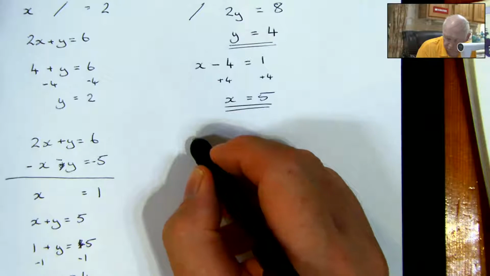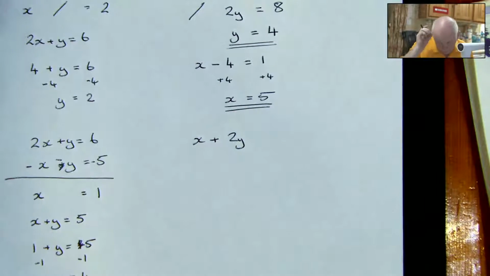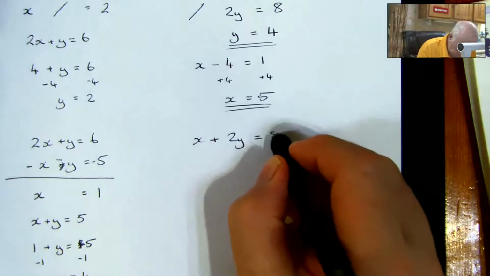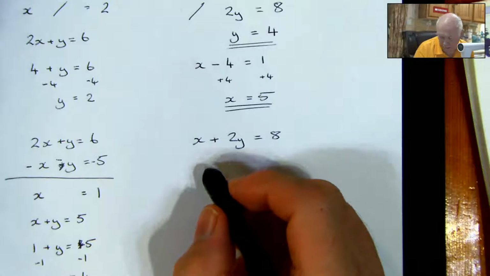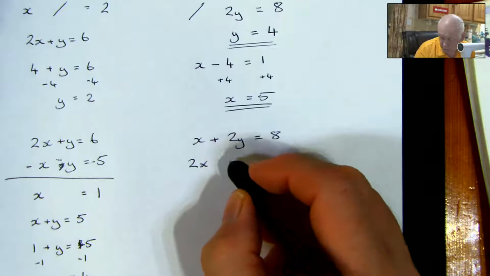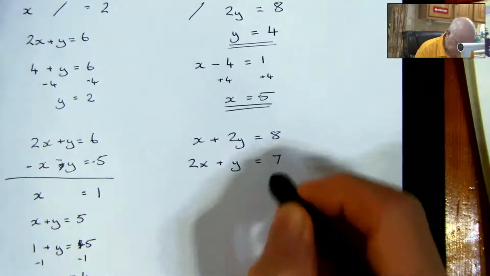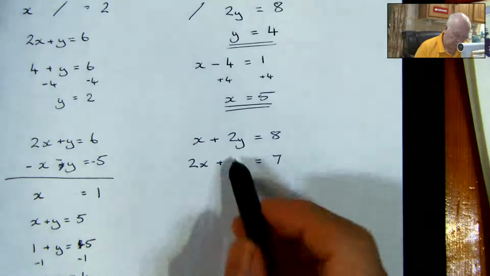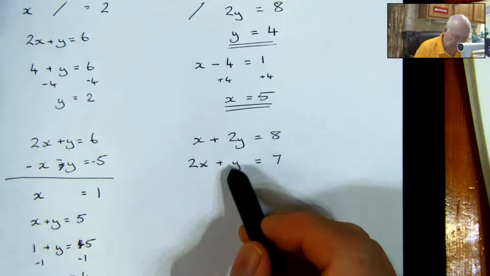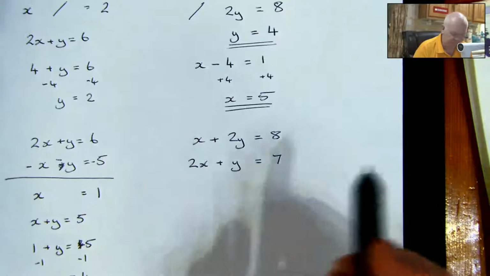So let's have x plus 2y, and that's going to equal 8. And we'll have another one where we've got 2x plus y equals 7. Now this time, both of them don't eliminate.